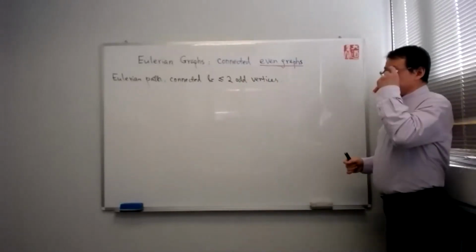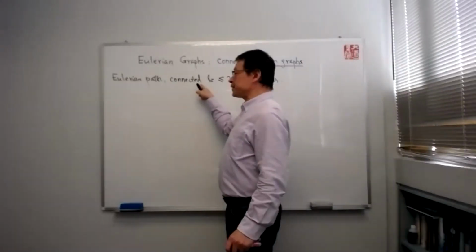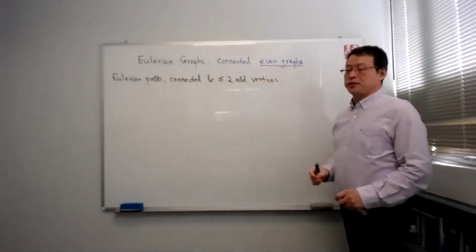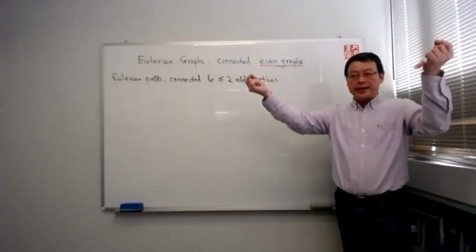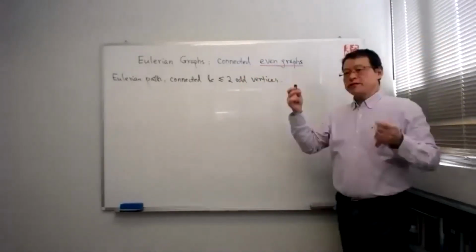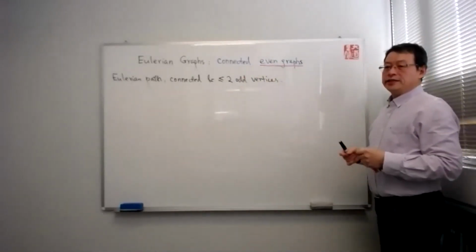So a graph that contains an Eulerian path can have at most two odd degree vertices. Of course, these two odd degree vertices will be the starting point and end point. That's quite easy to see.